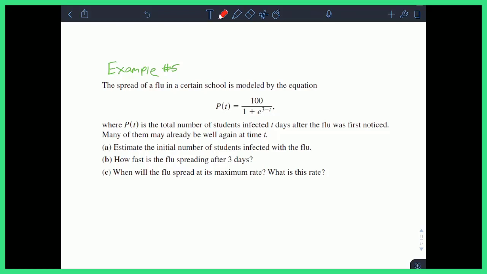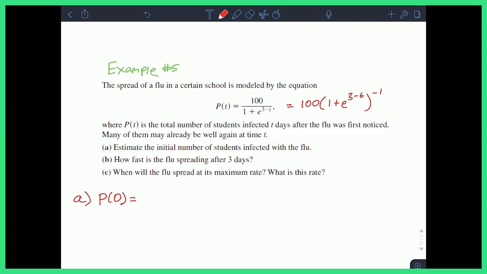Well, in order to estimate this, all we really have to do is plug a 0 into the original formula. And before we do that, we could simplify this original formula as simply 100 times (1 plus e to the 3 minus t), all raised to the negative first power. So it may come in handy to do that.